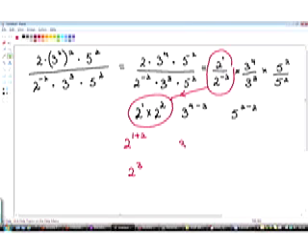Next piece becomes 3 to the power 4 minus 3, which is 3 to the power 1. So I'm left with 3. After the last part, 5 to the power 2 minus 2 gives me 5 to the power 0, which is equal to 1. So remember the law, 5 to any number to the power 0 is equal to 1.